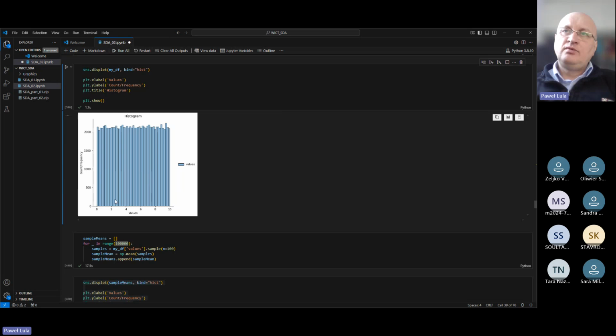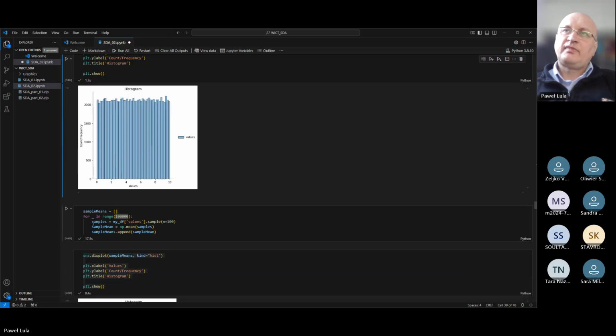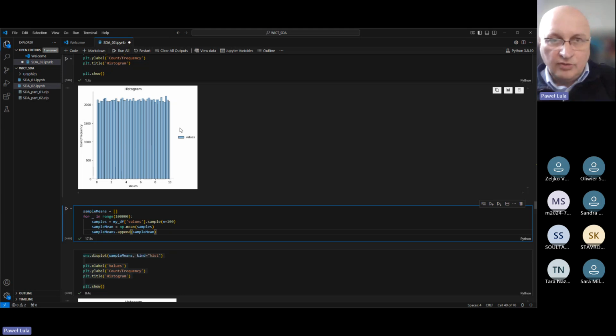And now, many times, it means 100,000 times, this code is repeated. From this data set, in which we have data uniformly distributed, I randomly selected 100 values.